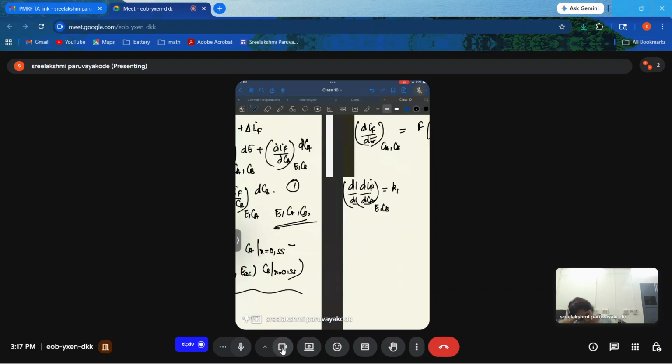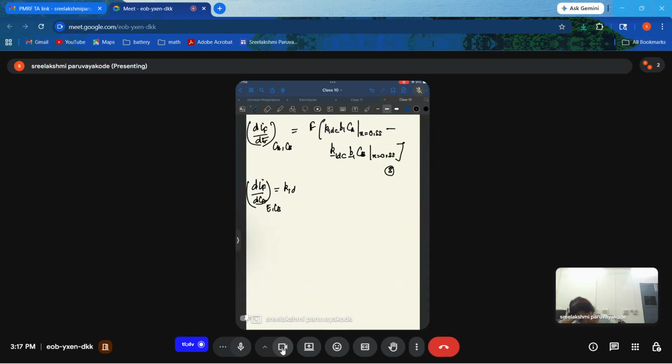Okay, I didn't change the notes, I'll do that. Now same way, dou IF by dou CB at constant E and CA, this becomes minus F K minus 1 DC. Now what you have to do is determine delta CA and delta CB.